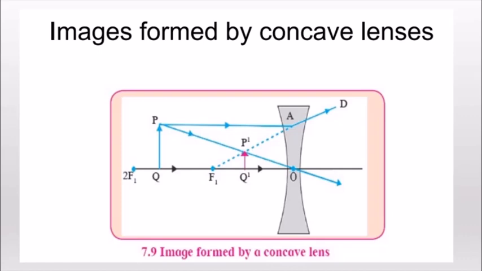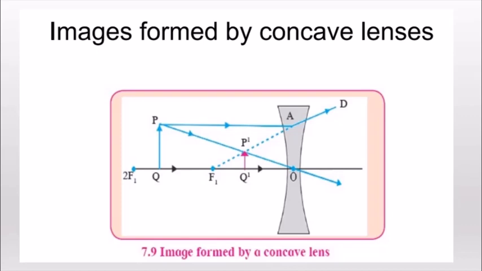So P dash is the image of P. As the point Q is on the principal axis, its image is formed along the axis at the point Q dash, directly below P dash. So we can say that P dash Q dash is the image of PQ.